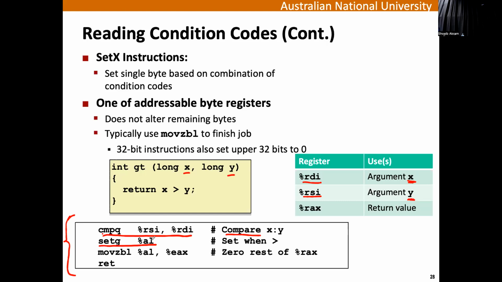If x is greater than y, then the low order byte of register RAX will be set to 1, right? 1 will be stored in AL.